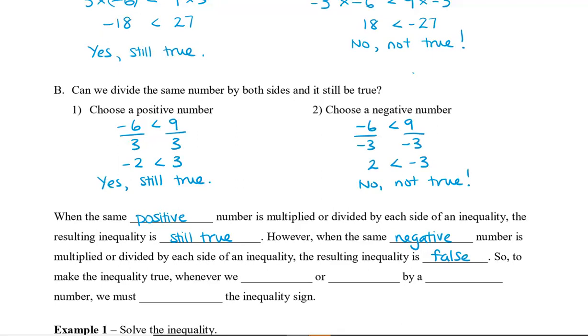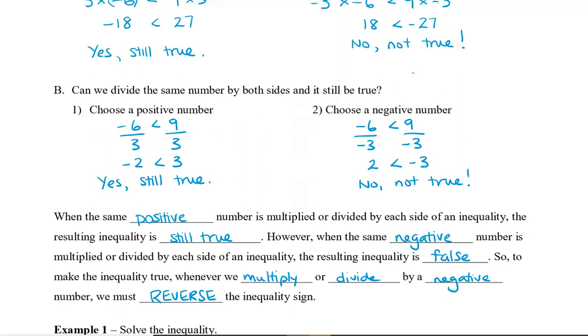Okay, so both of these examples, when we multiplied by -3 and divided by -3, we got an inequality that was no longer true. Now, to make the inequality true, whenever we multiply or divide by a negative number, what we're going to do is reverse the inequality sign.